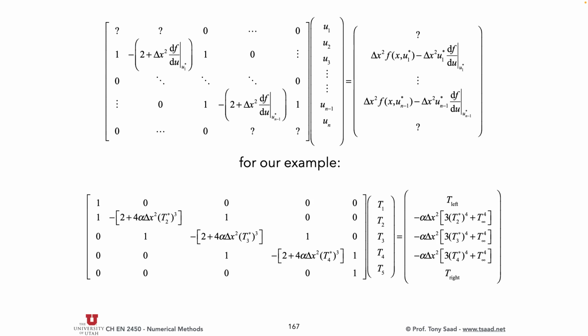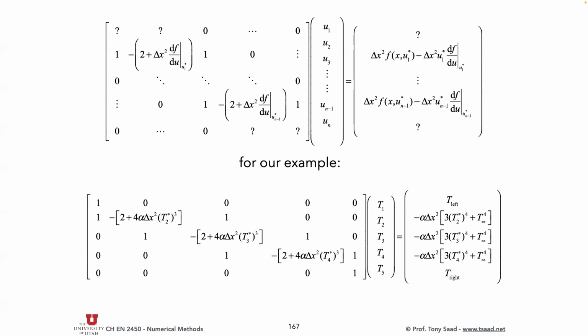How far is it from my guess? If it's very far, then my guess was really bad, so I have to improve my guess. I'm going to use this new solution as the new T star and plug it back in here. The system of equations doesn't change.